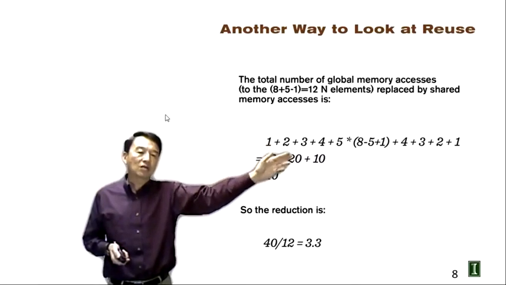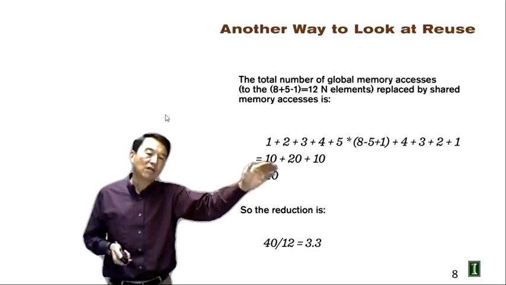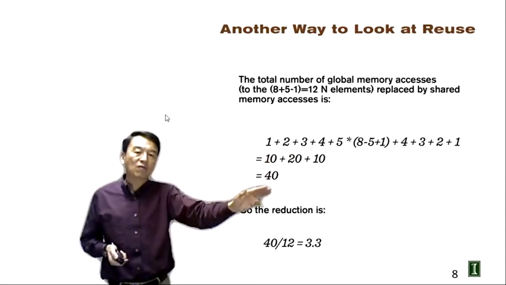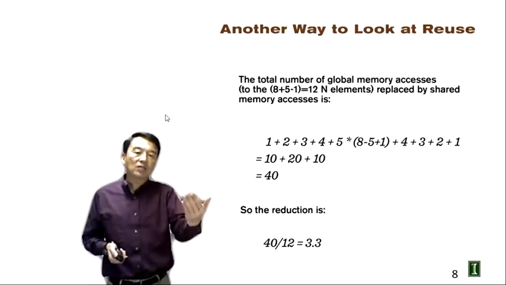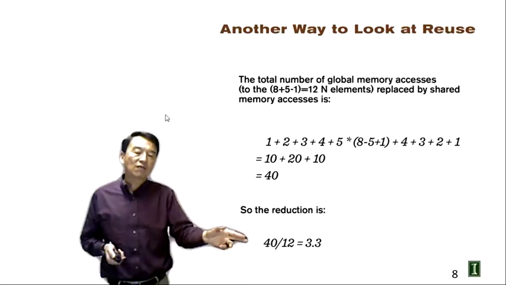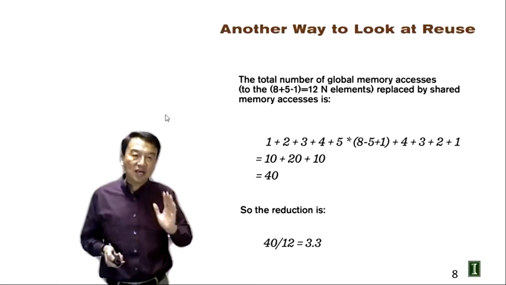Then there are 4 elements that will have 5 reuses, and then we have the decreasing series again. We add up all these numbers, we get 40, and the total number of memory loads that we need to load the input tile is still 12. So we take 40 and divide it by 12, we get 3.3. This gives us exactly the same number.